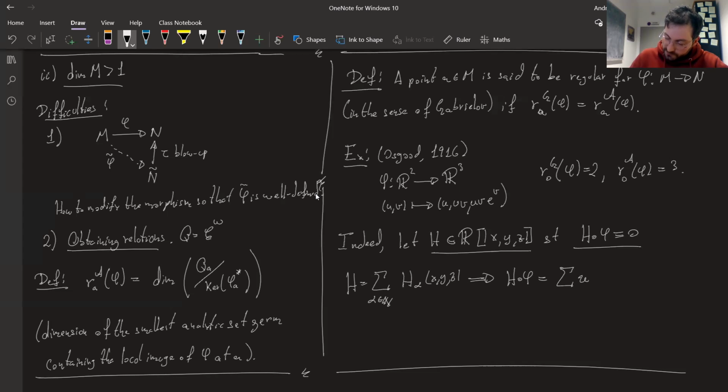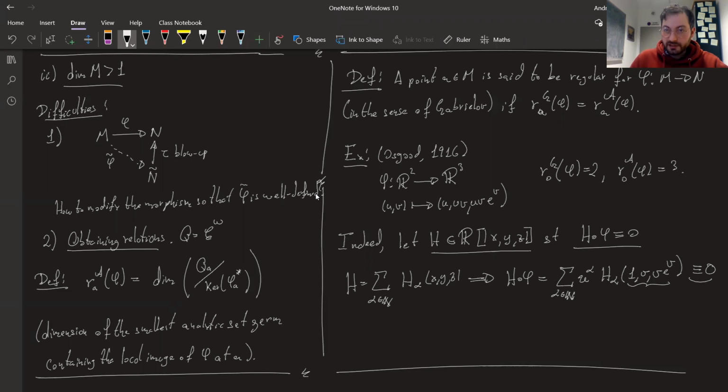When we compose with phi, on one hand we know it has to be 0, since we're choosing it like this. We also know that this is the sum of u^alpha H_alpha(1, v, v e^v), which we want to be equal to 0. For each level we consider, this is a polynomial in v and v e^v.